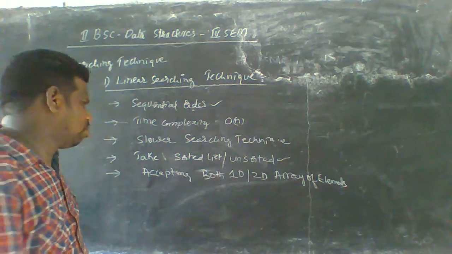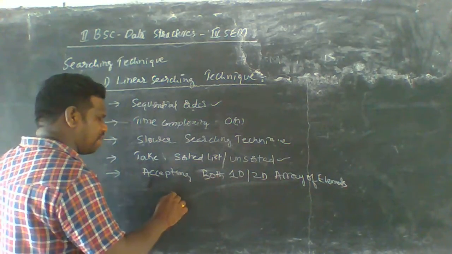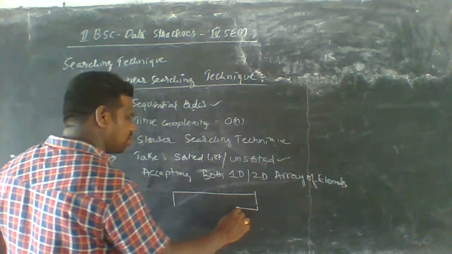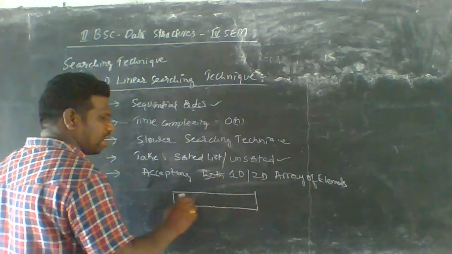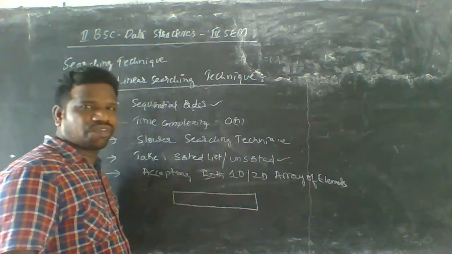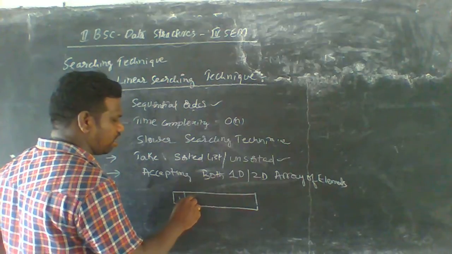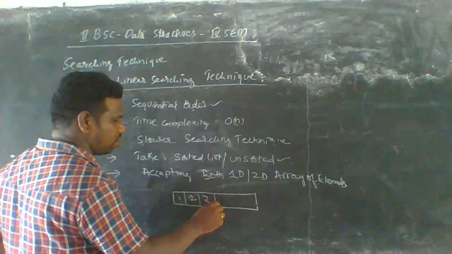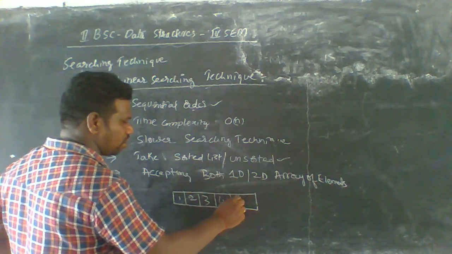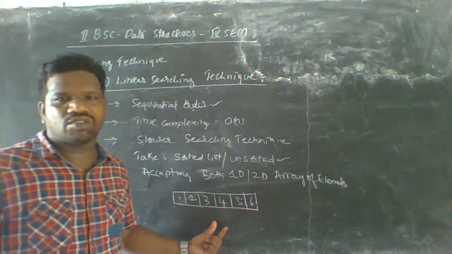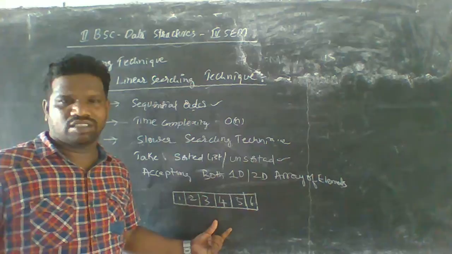Now I'm giving you an example. In this example I'm taking some elements in sequential order: 2, 3, 4, 5, 6. This is called a sorted list.